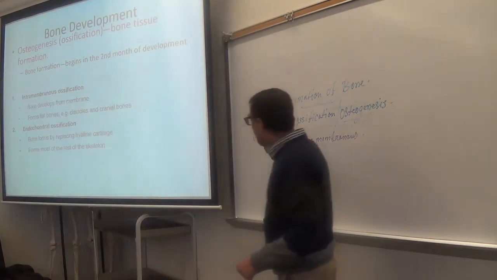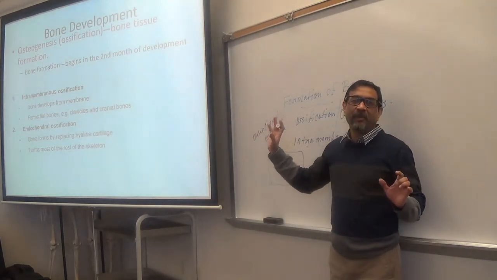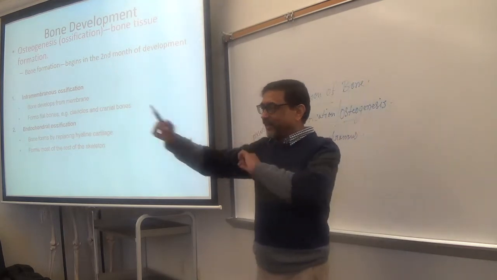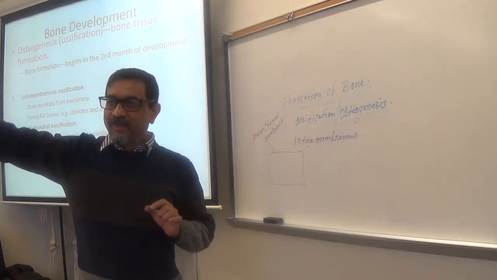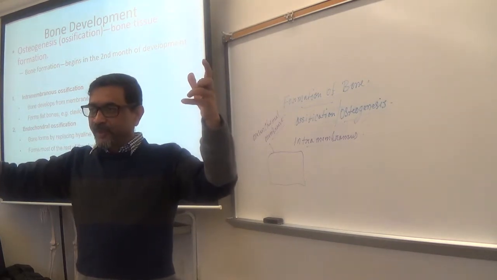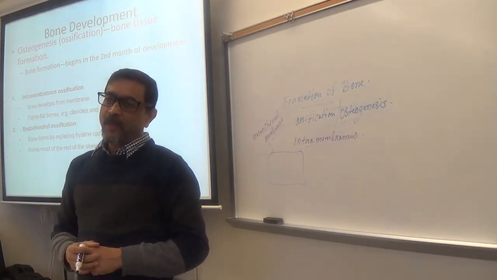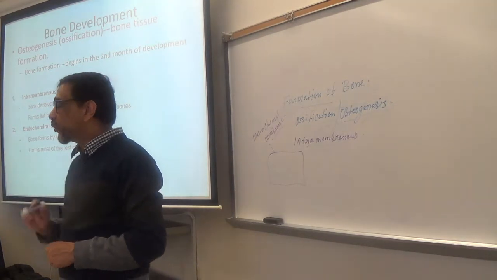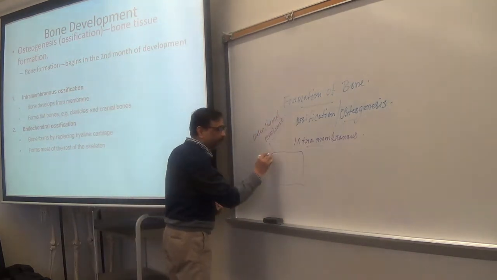Because the source is mesenchyme, embryonic tissue, the same source. Bones, cartilages, fats, blood, ligaments, tendons, all come from mesenchyme. So that mesenchyme or embryonic tissue forms a membrane.